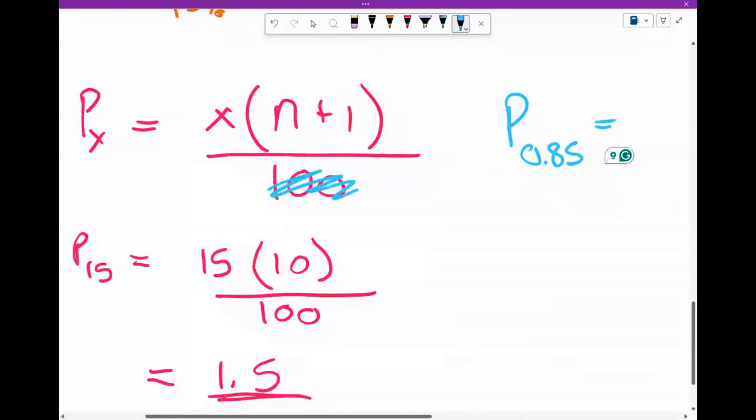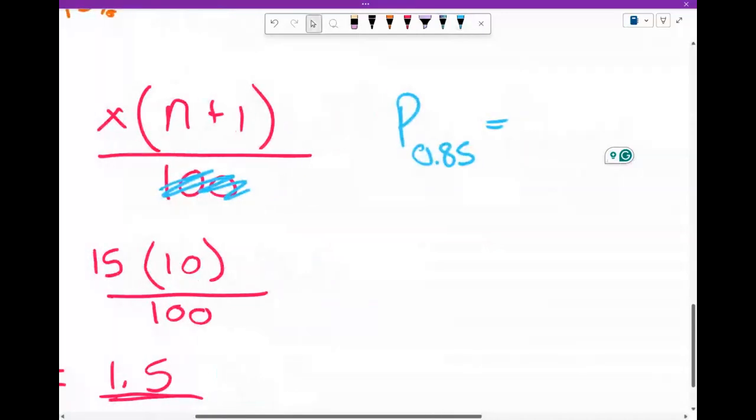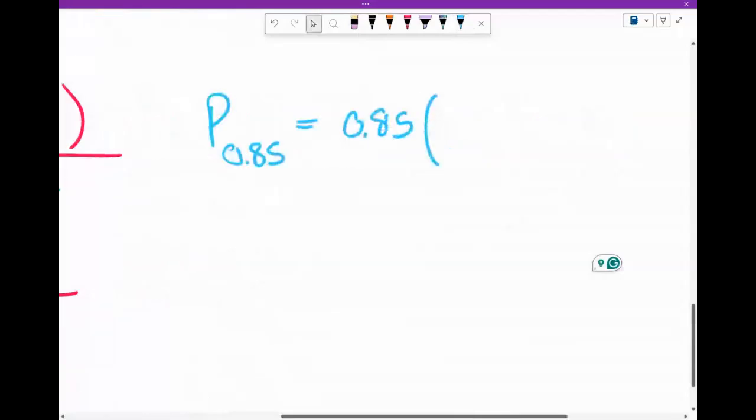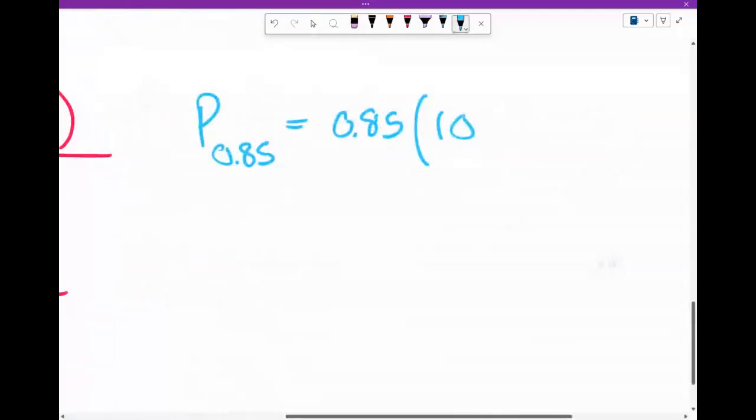So it would be equal to 0.85 times n, which is 9 plus 1, which is 10. That should give us 8.5.